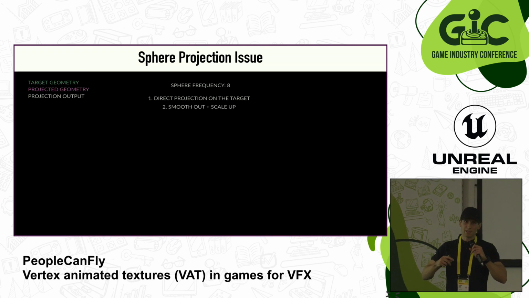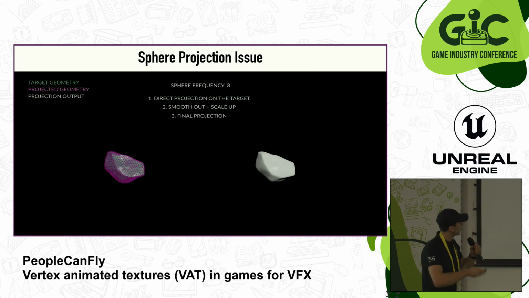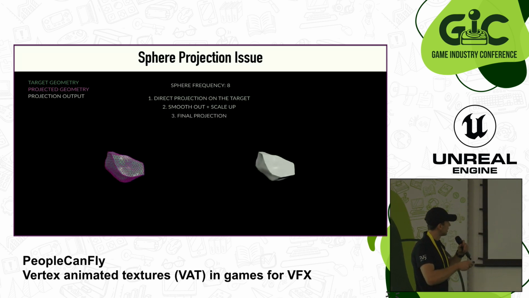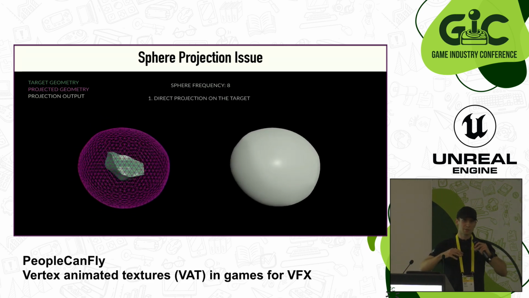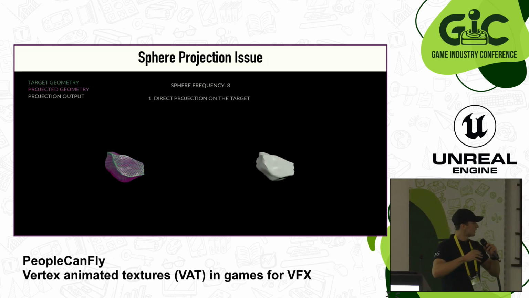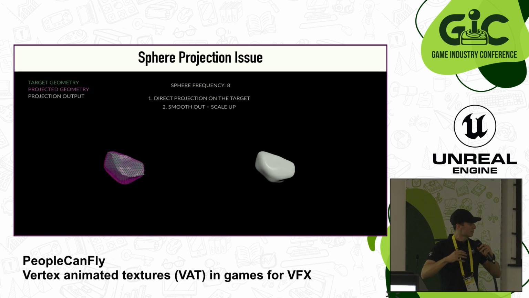We're doing something like an intermediate projection, which step 2 describes here. We first project it directly, then scale it up, smooth the geometry out a little bit, and then we have a better point to reproduce this piece again.